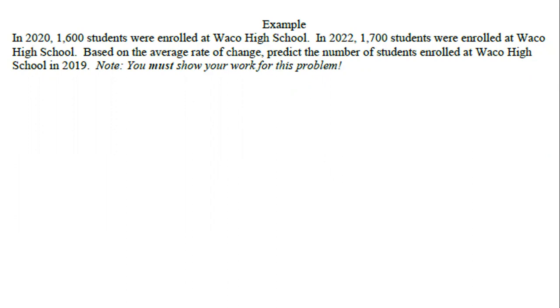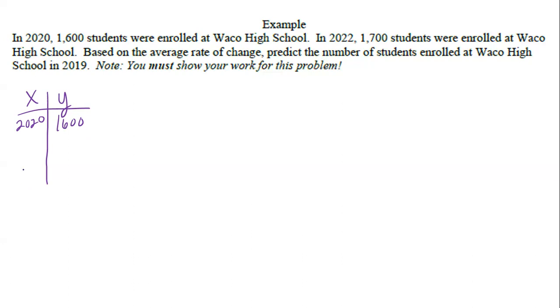Which one would show us the best way of modeling that situation? Okay, that's what's happening here. The first thing we said we need to do was create a table, right? Based on what we have here, in 2020 we had 1,600 students at Waco High School.